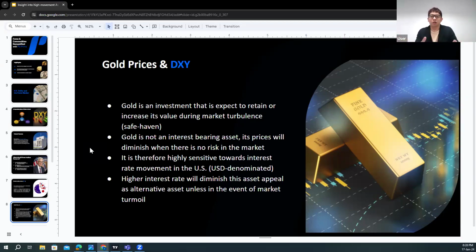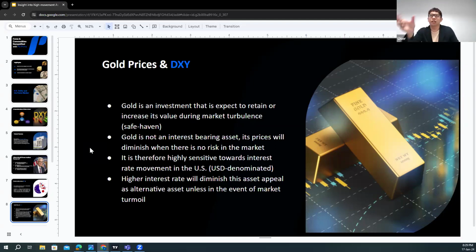Only during periods where we have a black swan and we don't know what's going to happen next, like when we were hit by the COVID pandemic, gold price might go up temporarily. Normally the gold price, XAU, is denominated in USD.